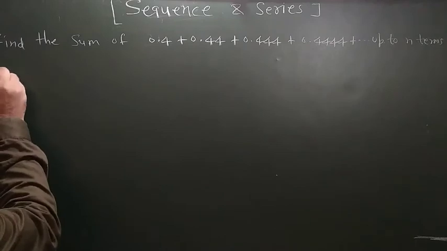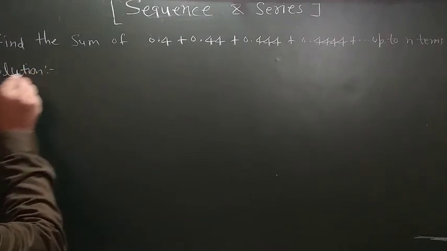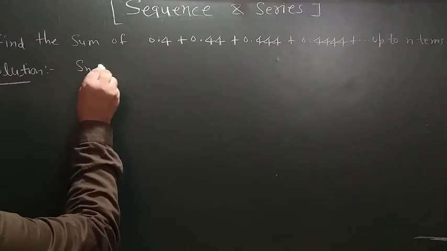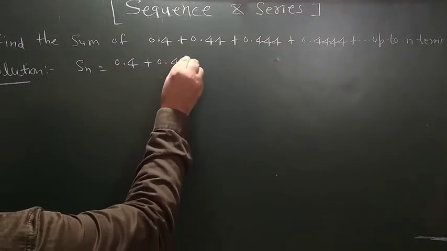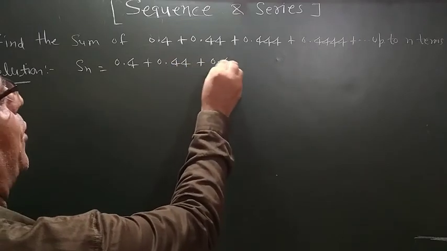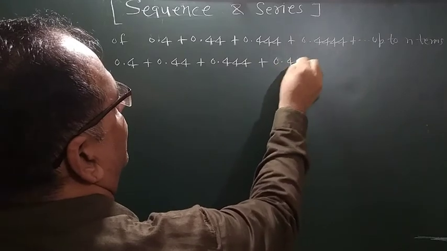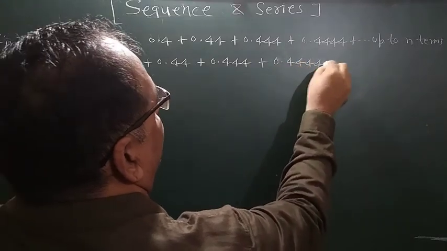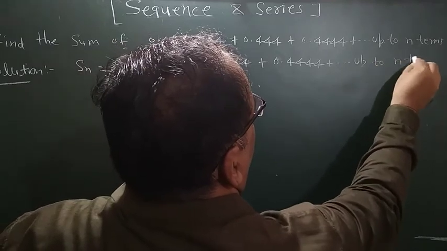So here we want to find the sum of n terms, indicated by Sn equal to 0.4, 0.44, 0.444, 0.4444 up to n terms.